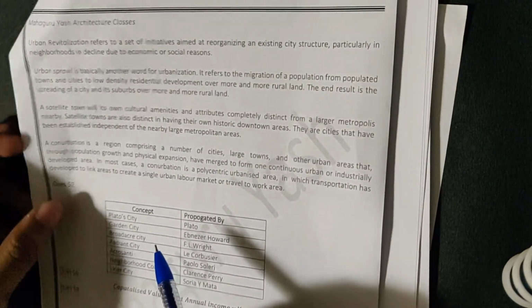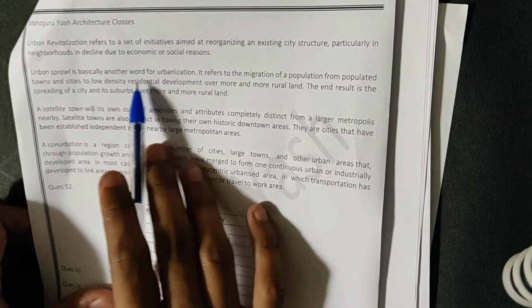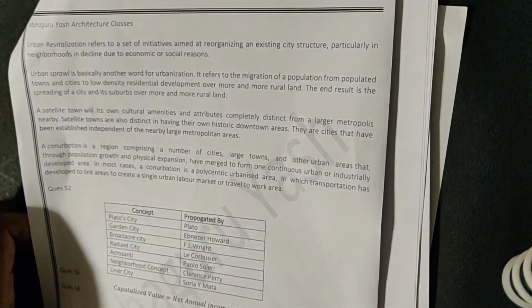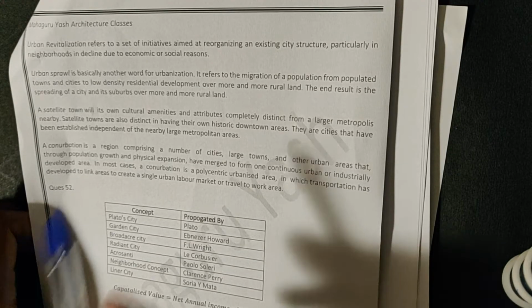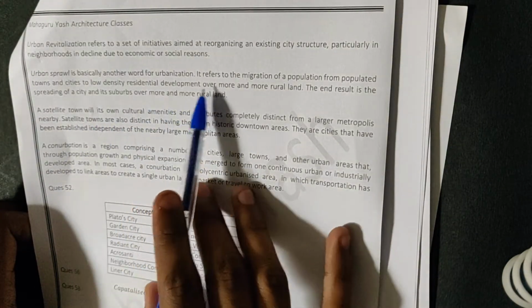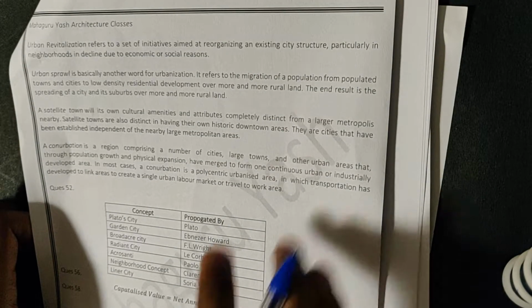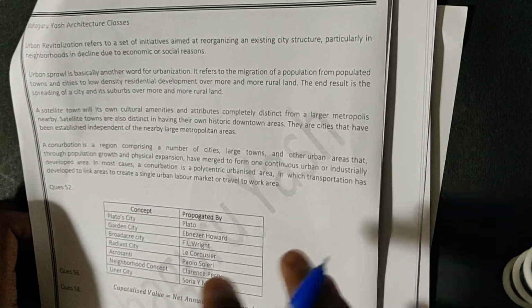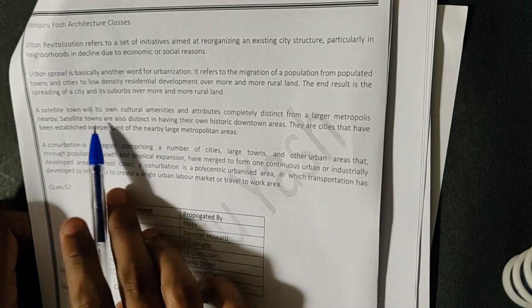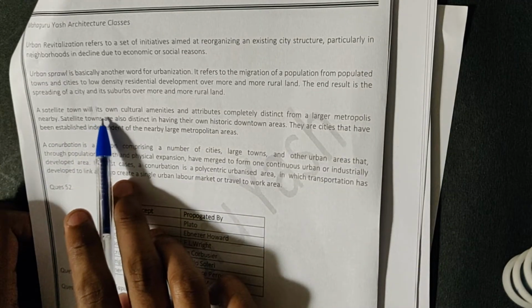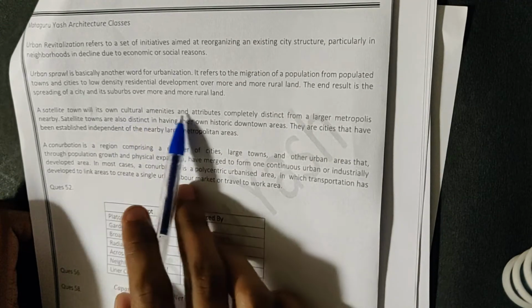The next is urban revitalization, which refers to a set of initiatives aimed at reorganizing an existing city structure. Urban sprawl is basically the migration of a population from populated towns to outer residential developed areas. The next is a satellite town, which has its own cultural amenities and attributes.